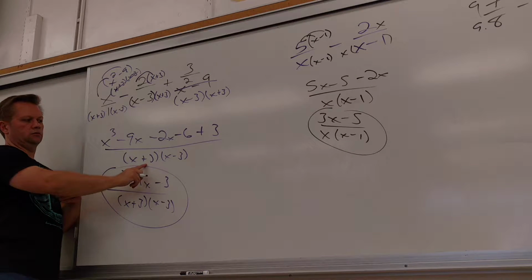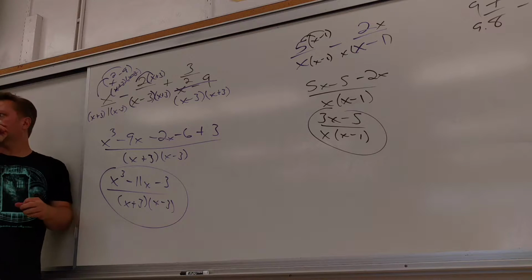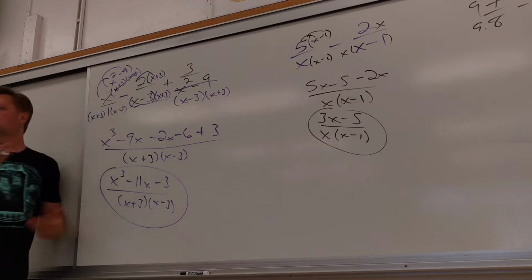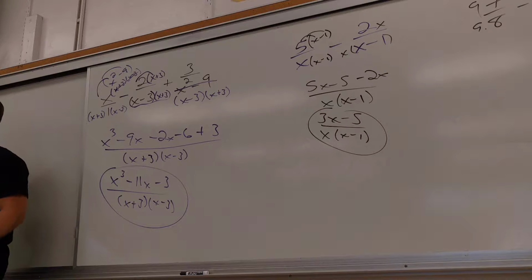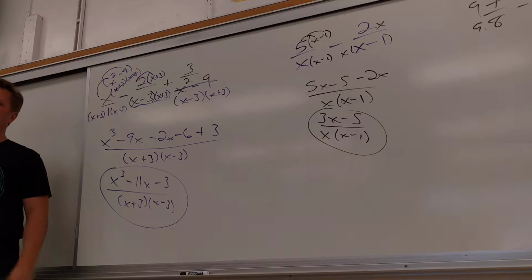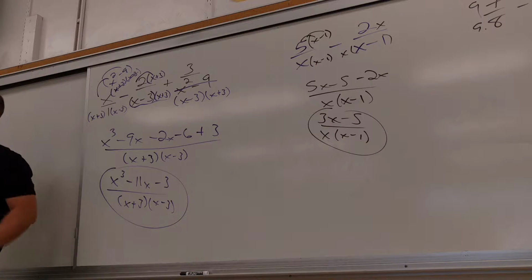It just stays like that. Don't multiply the bottom, because the last thing you've got to do is see if anything cancels. So there's really no reason to re-multiply the bottom and then go back and factor. That's just wasting time, especially if there were more of these. No point to that.